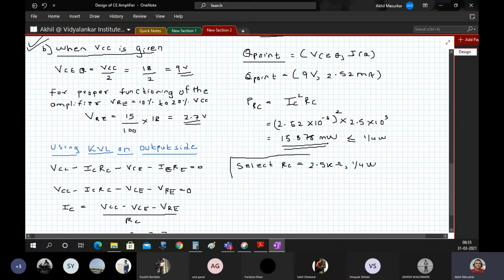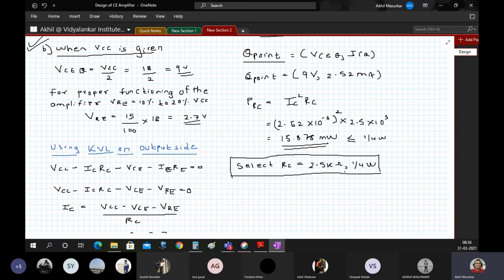So when you go to a shop to buy a resistance, you have to tell that person, give me 2.5 kilo ohms, and then you will also expect quarter watt or the wattage rating, because the same value is available in higher watts also. As the wattage increases, the cost of the resistance is going to increase.